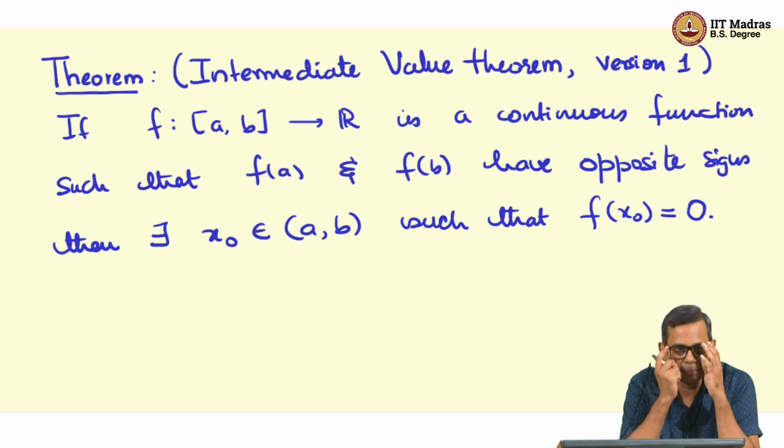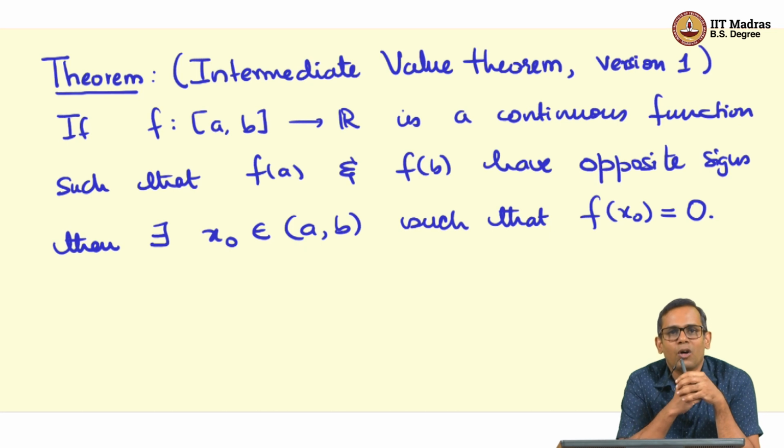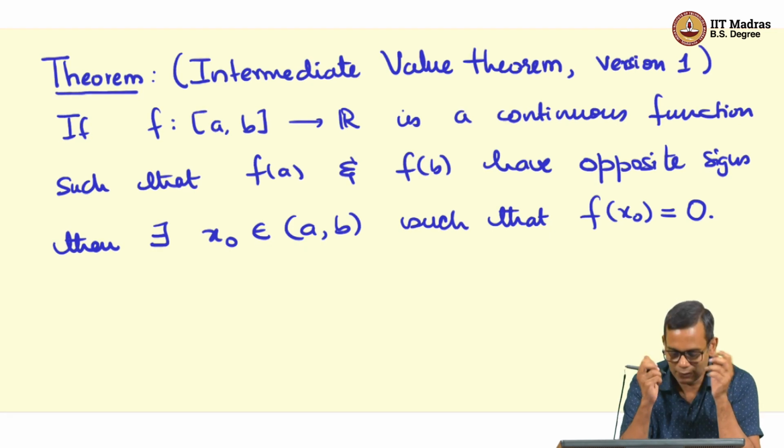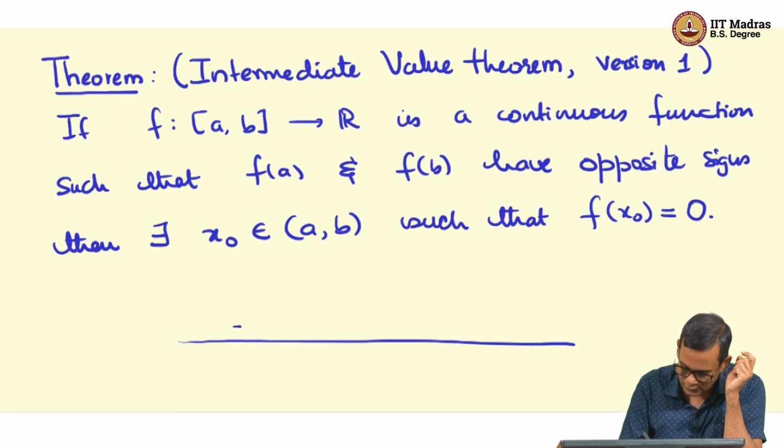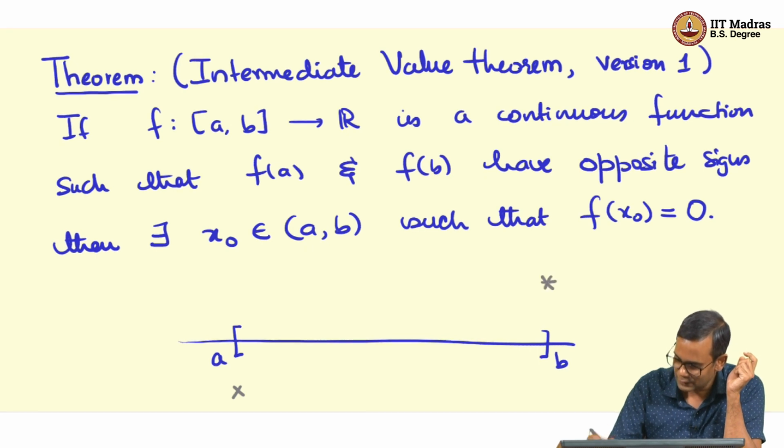Now, this might seem like a completely obvious statement. If I have a function that is continuous, I would draw its graph on the closed interval [a, b]. I know that its value at a is say negative, and its value at b is positive, and I have to draw the graph.